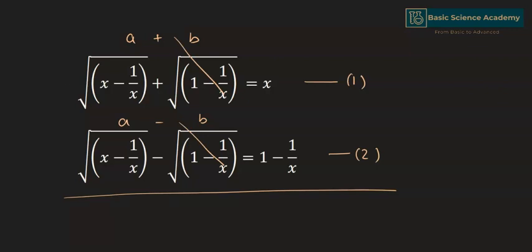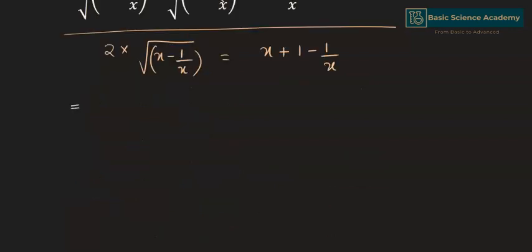x. Now adding these two equations, plus b and minus b will cancel out to give 2 multiplied by a. a plus a is 2 multiplied by square root of x minus 1 divided by x equals x plus 1 minus 1 divided by x. This gives 2 multiplied by square root of x minus 1 divided by x equals 1 plus x minus 1 divided by x.